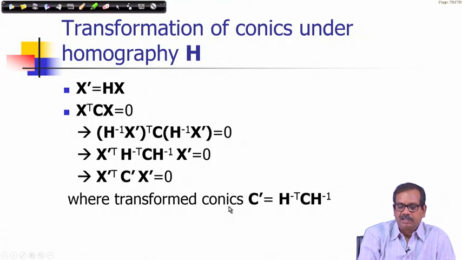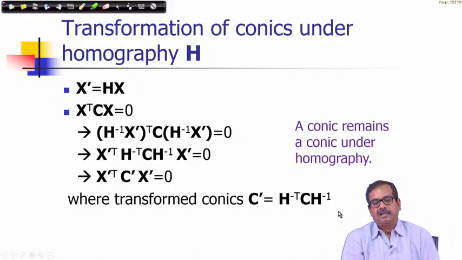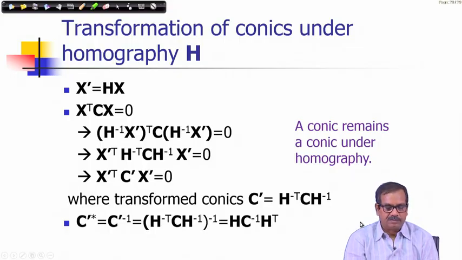So, the transformed conic is given by H minus T C H inverse. So, a conic remains a conic under homography. That is the essence of this mathematical exercise. So, conic is an invariant in this sense after transformation.